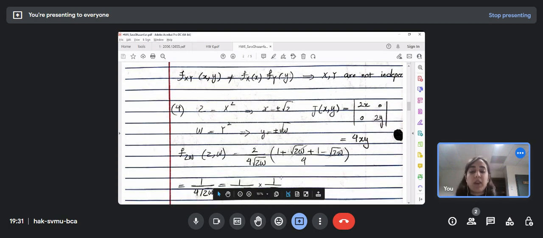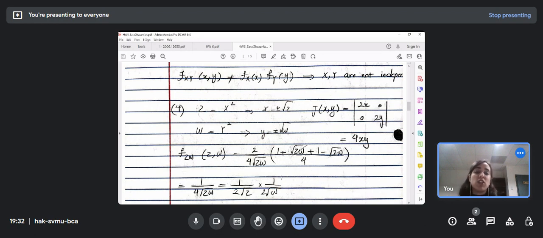In the last lecture, we learned how to calculate the joint density function of z and w, and we can define z as x to the power of 2 and w as y to the power of 2. And then we should calculate x and y with respect to z and w.